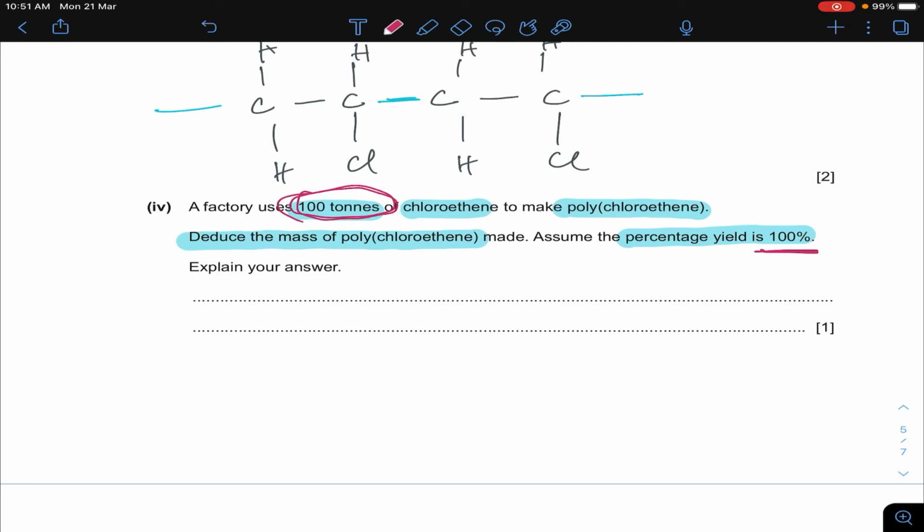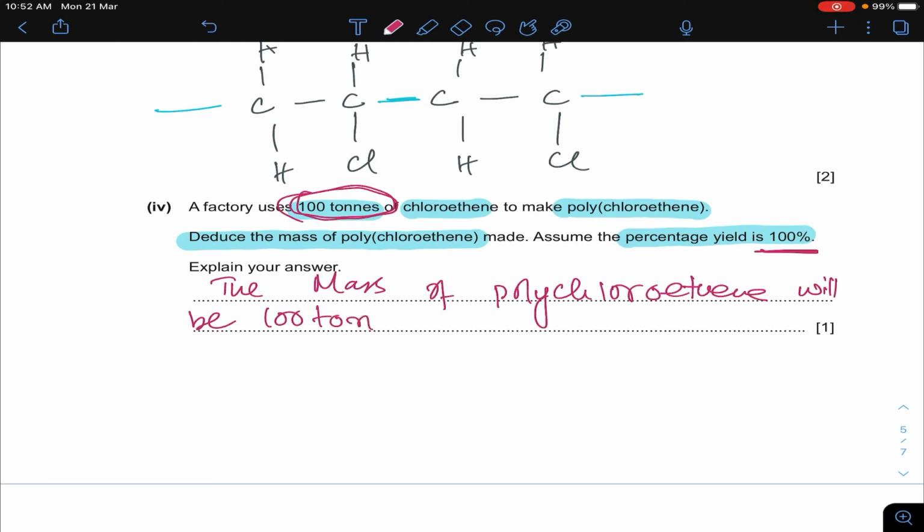So deduce the mass of polychloroethene. The mass of polychloroethene will be 100 tons, as it is an addition polymer.